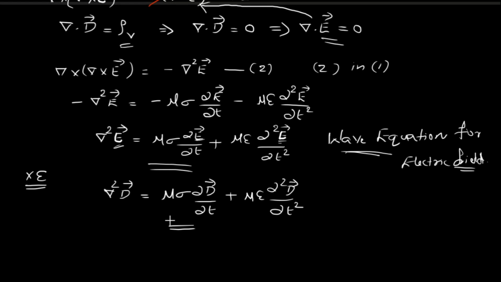Now it's time to check how to get a similar equation representing variation of magnetic field. For deriving the wave equation for magnetic field, I am going to consider the Maxwell equation curl of H equal to J plus JD, that is Ampere's circuital law.